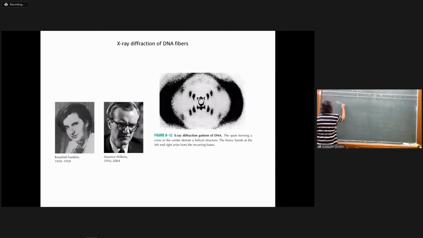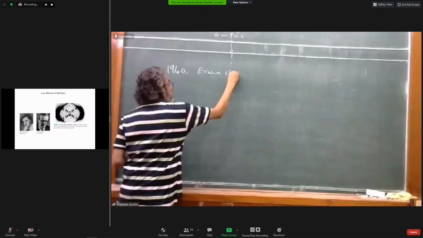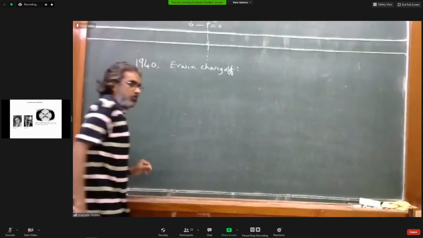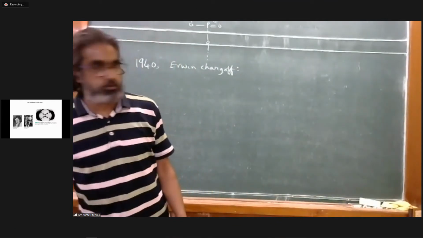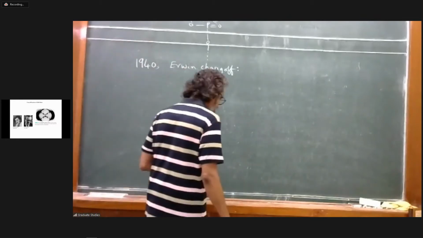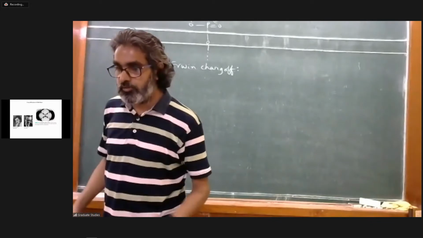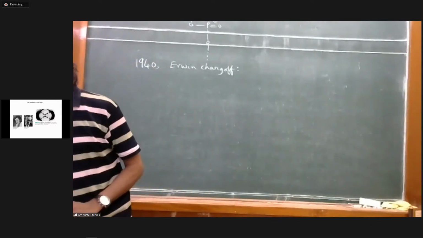So in the 1940s, I think this guy called Erwin Chargaff, okay, of course a lot of others. So he made some observations based on his research as well as colleagues and others. What they looked at was basically the composition of nucleotides, especially DNA.